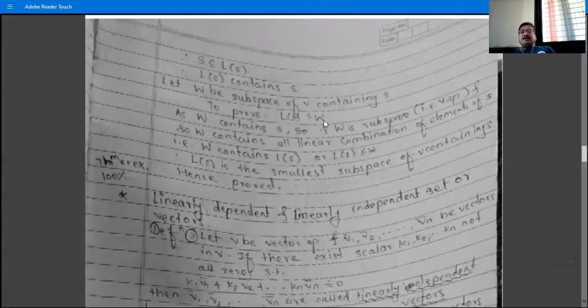So we have to show LS is a subset of W, meaning every element of LS belongs to W. As W contains S, and W is a subspace, that is W is itself a vector space, W contains all linear combinations of elements of S. Because W contains S means S is a subset of W, and W is a subspace means W is itself a vector space, and by the property of vector space, W contains all linear combinations of elements of S, and that is W contains LS.